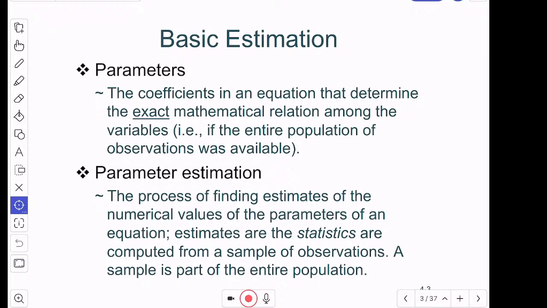That's what our parameters are going to be. We're going to be focused on the parameters for a line. I don't know if you had a chance to finish my video on regression or in statistics where I show that.